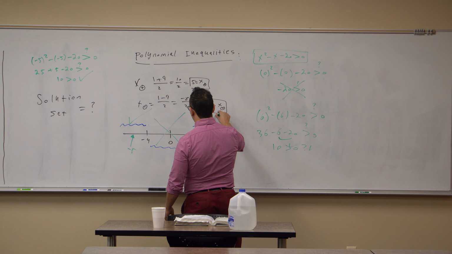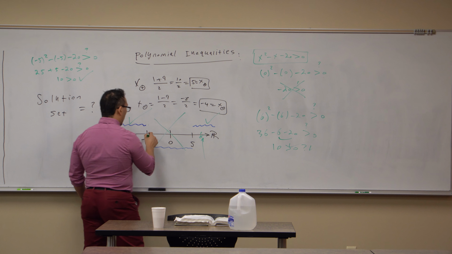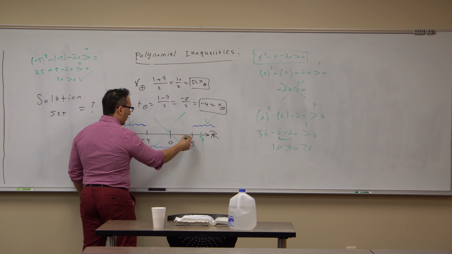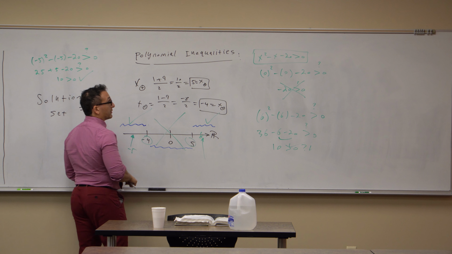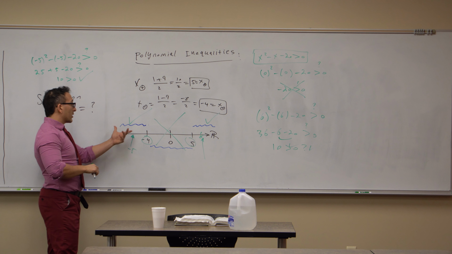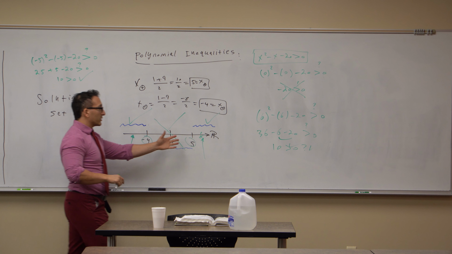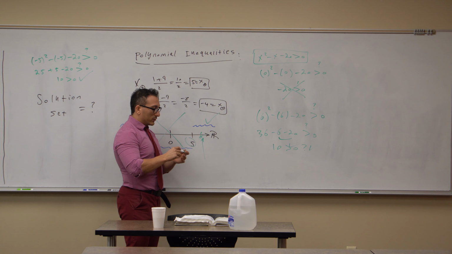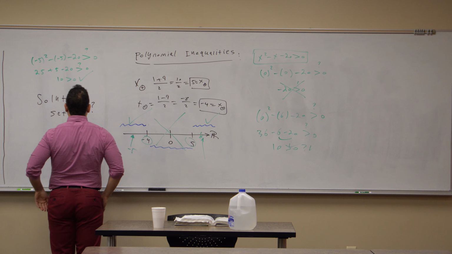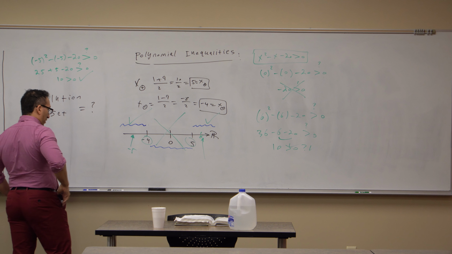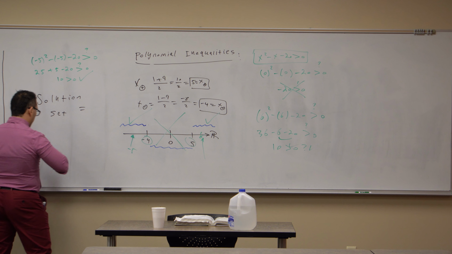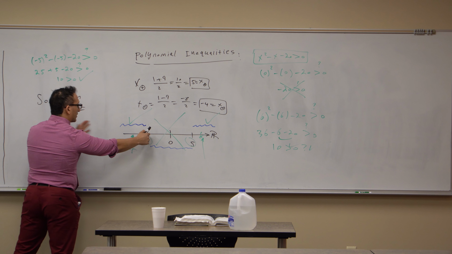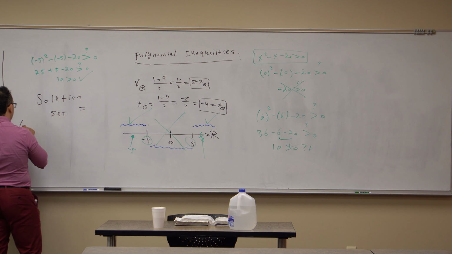So these values work. So the values in the middle and these endpoints do not work because at these endpoints right here, it is equivalent to 0 and we want it to be greater than 0. So to the left of this and to the right of that, we get values that work. So our solution set, there's no question about it anymore, the solution set is equal to all the values to the left of negative 4, but not including negative 4.